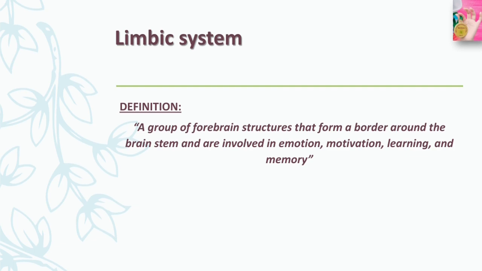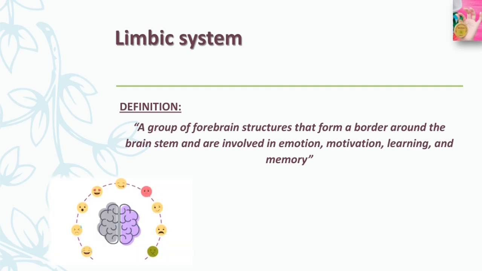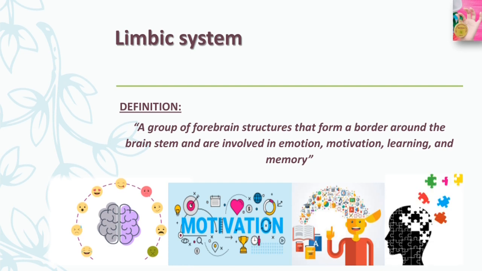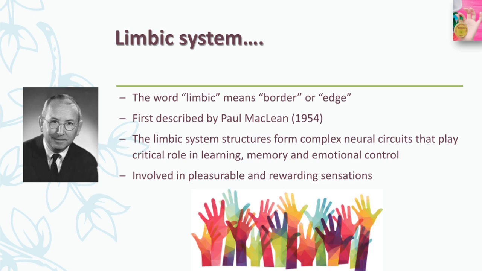Okay, so the definition of the limbic system is a forebrain structure that forms a border around the brainstem and is involved in emotion, motivation, learning, and memory. So basically, beneath the cerebral cortex are several other important forebrain structures, which are components of the limbic system.